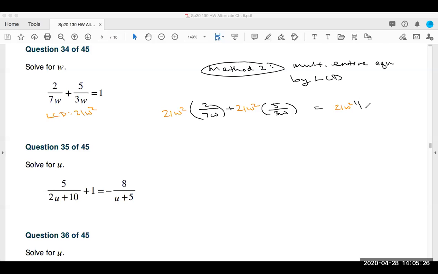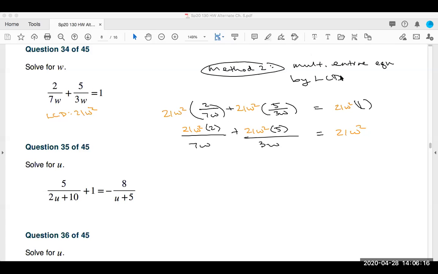Okay, so just in case you need to see one more step, we're going to have 21W squared times 2 divided by 7W squared, plus 21W squared times 5 divided by 3W, and that's going to equal 21W squared.